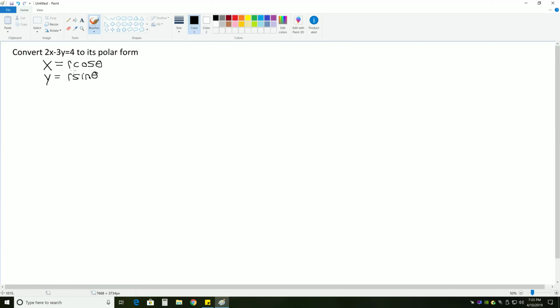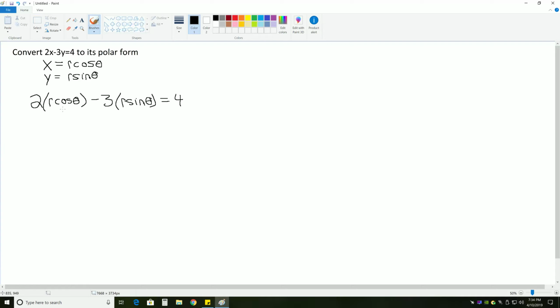So using these two equations, we can substitute in our values for x and y into this equation to get 2 times x, which is r cosine theta, minus 3 times y, which is r sine theta, is equal to 4.